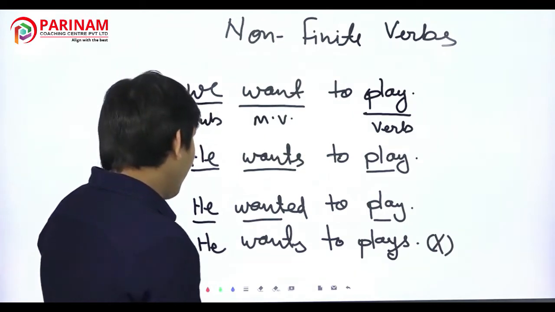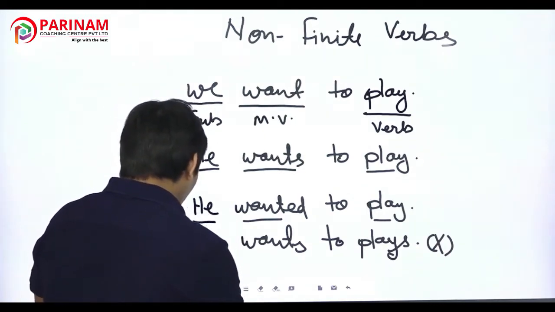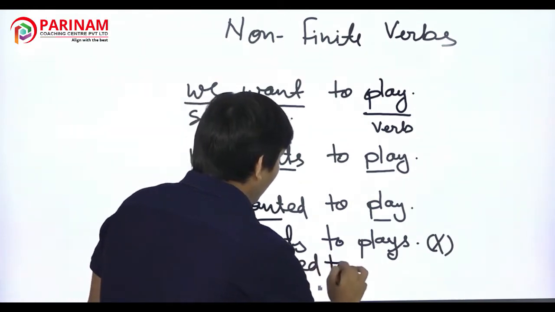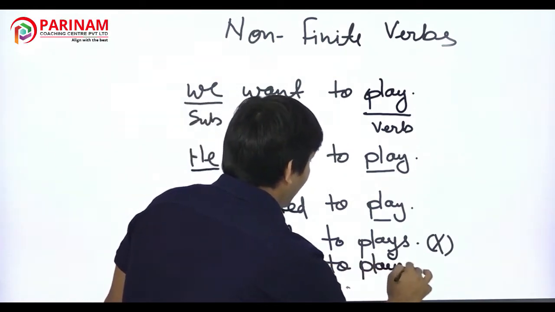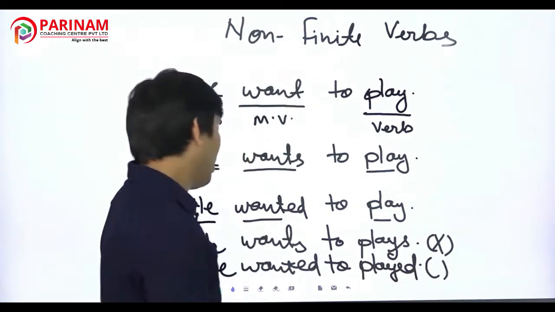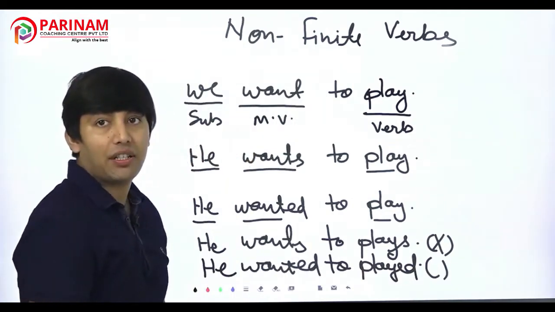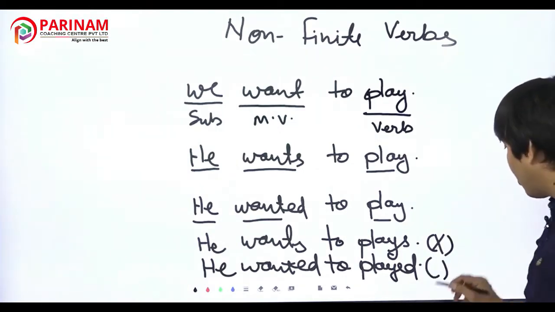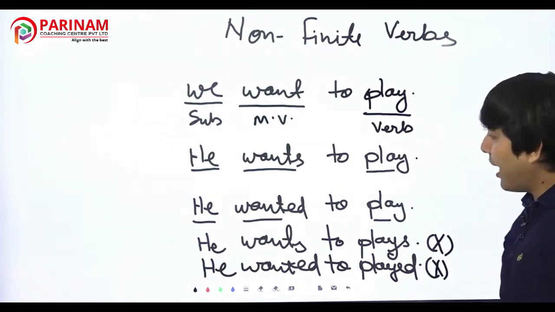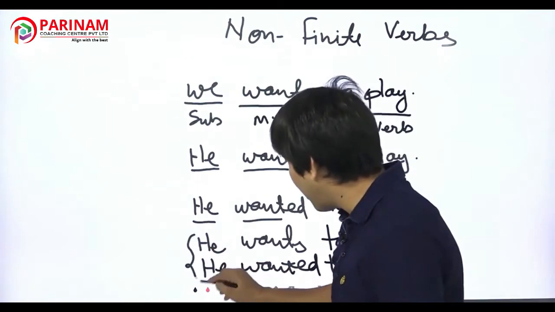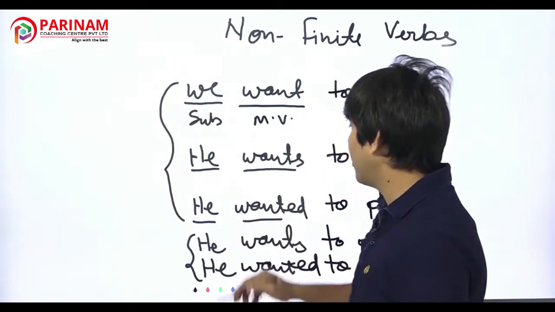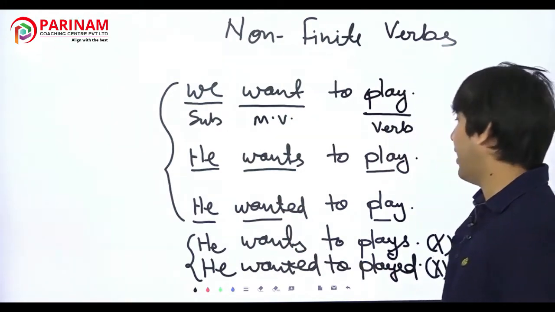And if I say, he wanted to played, now tell me if this sentence is correct. No, this is also a wrong sentence. That means these two sentences are wrong, and the first three sentences written above these two are correct.